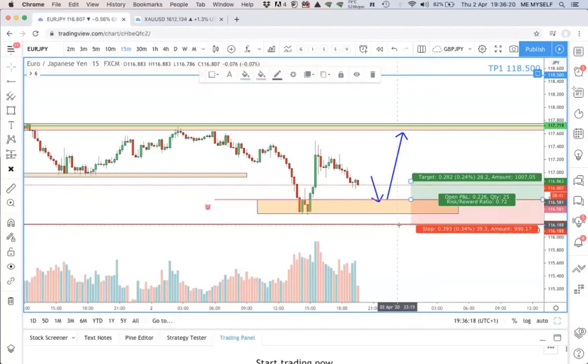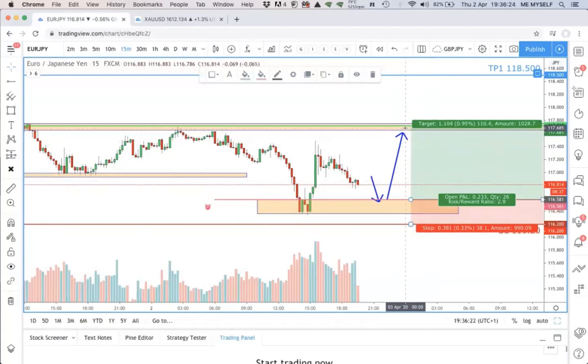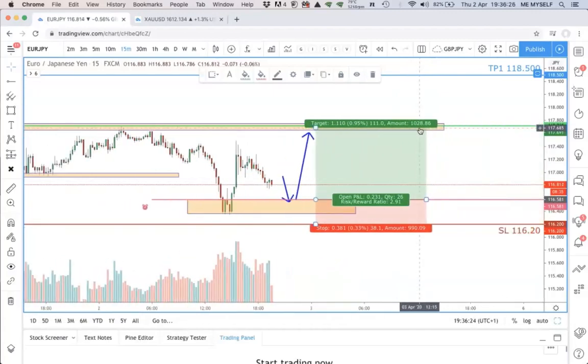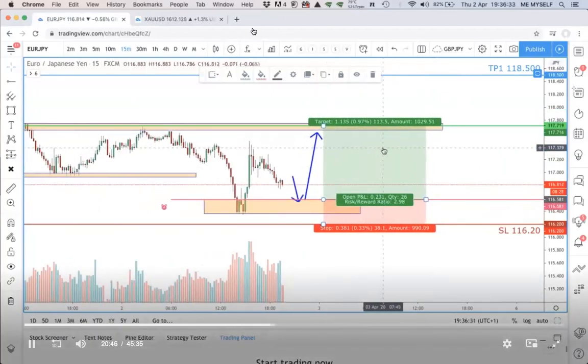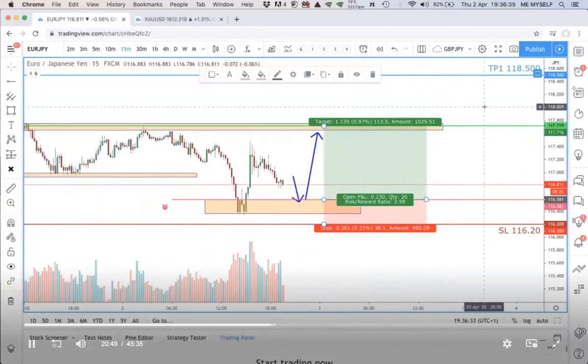So that gives you about 40 pips or so, 38 pips. Cool. And we're looking for a take profit target back up here as take profit target 1. Now, if we do some mathematics, right?